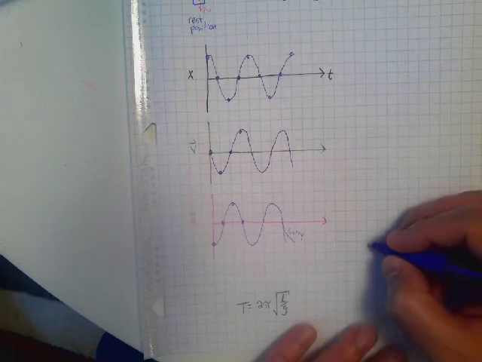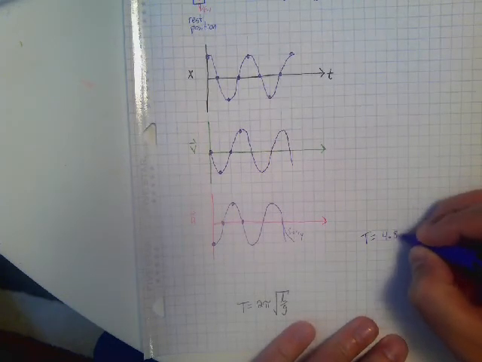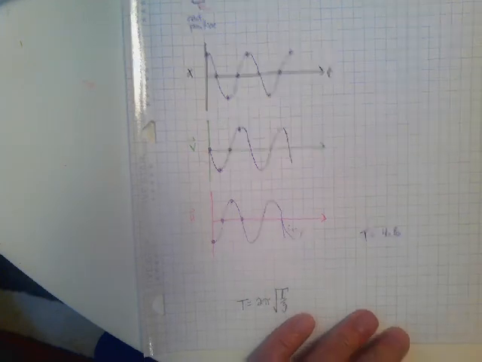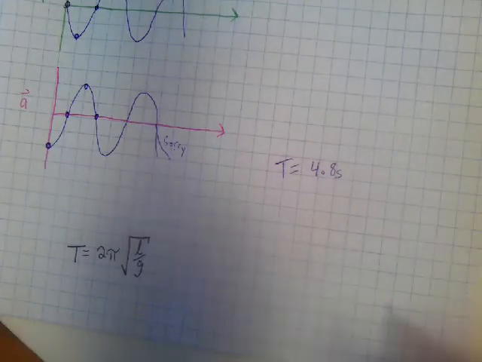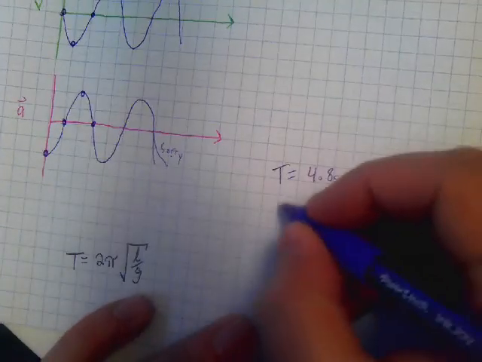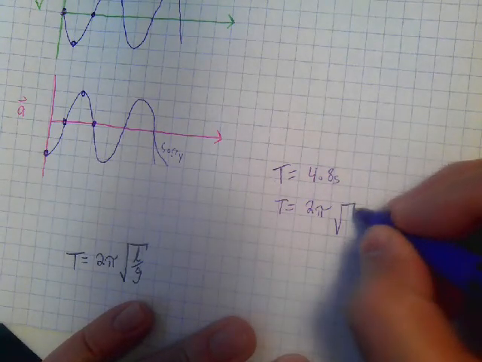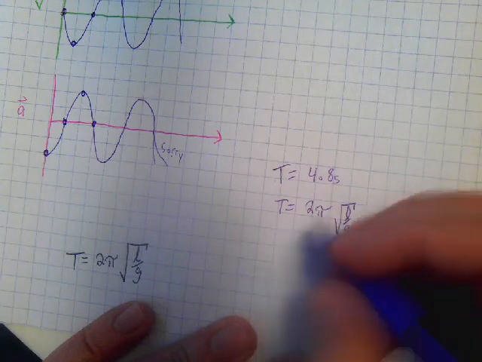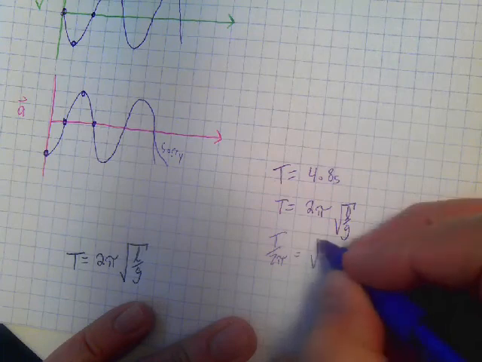Now, yesterday, we were measuring a period of about 4.8 seconds for the time it took to swing back and forth. So we can estimate the length of the swing in my front yard. If we know T is equal to 2 pi square root of L over g, then T over 2 pi is the square root of L over g.